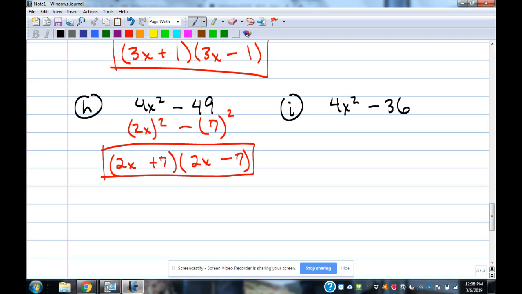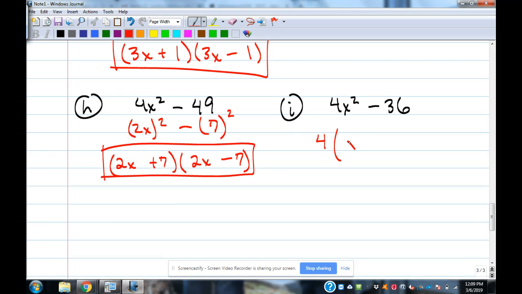What goes into 4 that also goes into 36? 6 can't go into 4, it's too big. 4 goes into itself. Does 4 go into 36? How many times? 9 times. So 4 goes into both of those. So the GCF is 4.